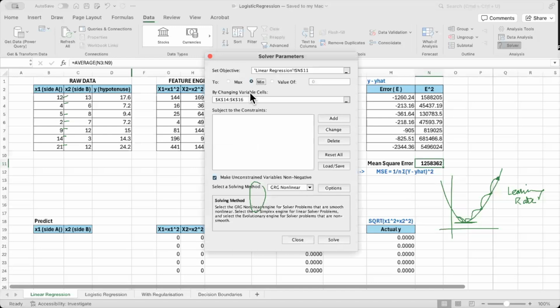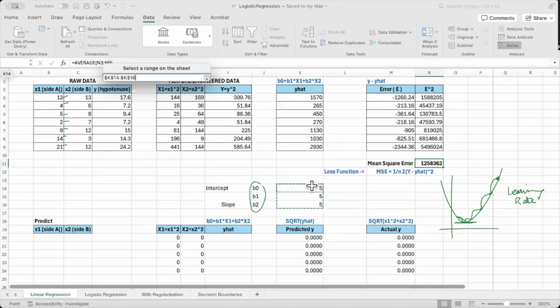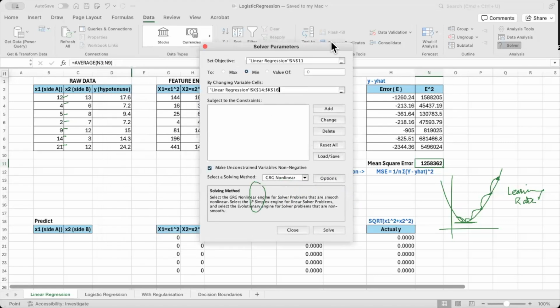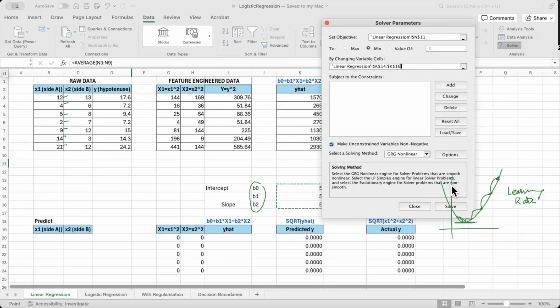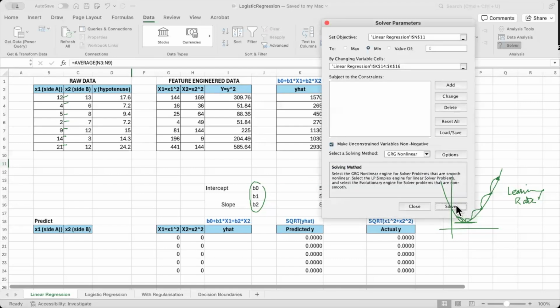So I'll say minimize this by changing the values of this beta 0, beta 1, and beta 2. So once I do this, I can say solve this equation now. So I say solve, and let's see what it does.